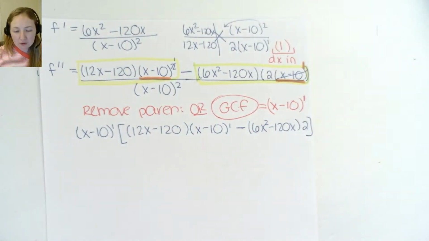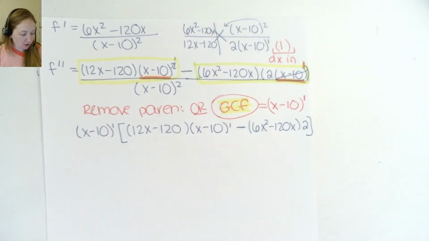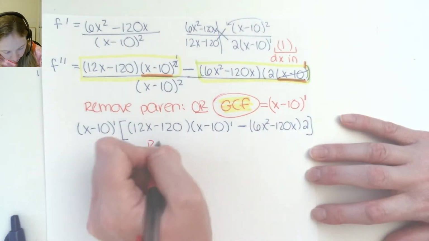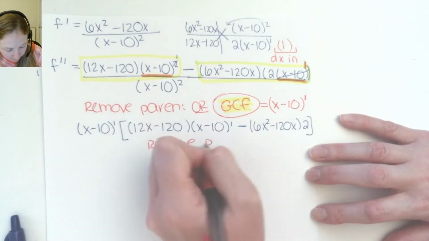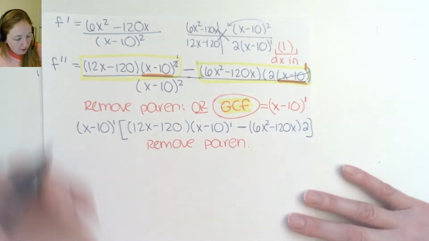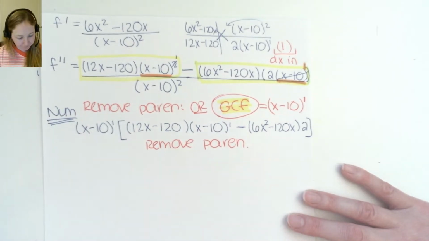Now, if I go this route of factoring out the GCF, once I factor out the GCF, then inside of these parentheses, I am going to remove parentheses. Now, keep in mind, I still have the denominator. I'm going to tack that in at the end. Right now, I'm just going to focus in on the numerator. So again, this is numerator only that I'm focusing in on.